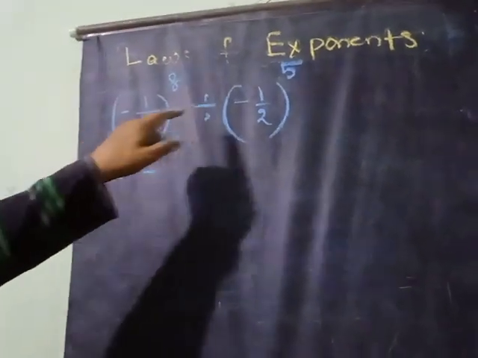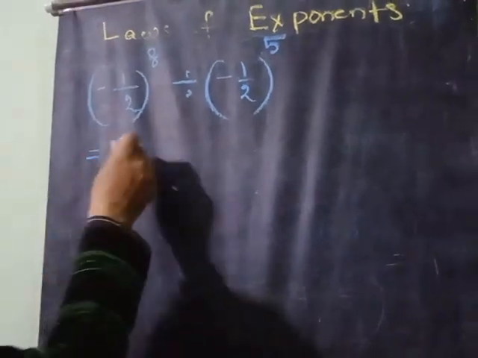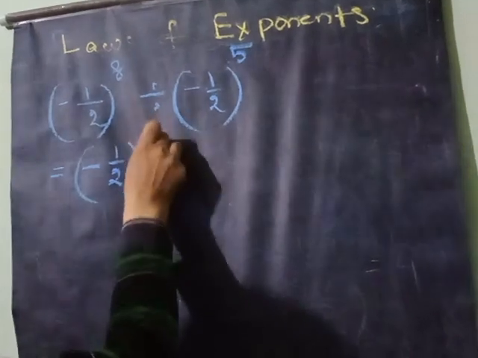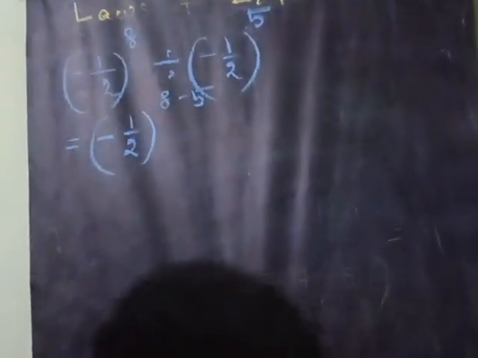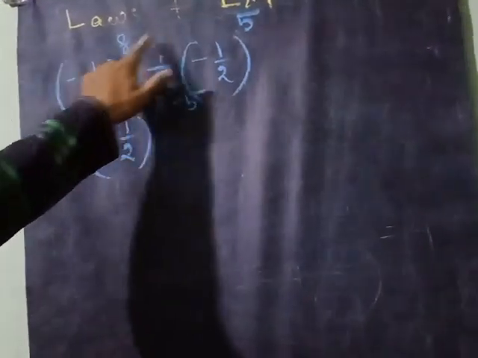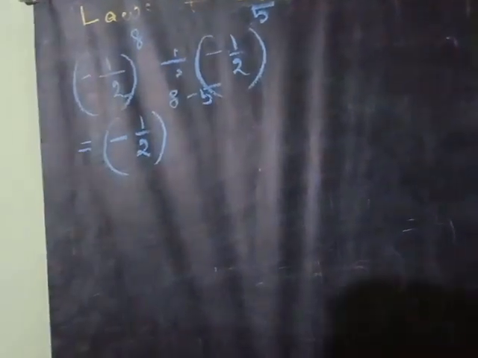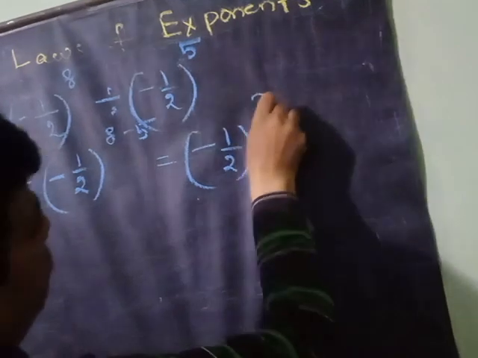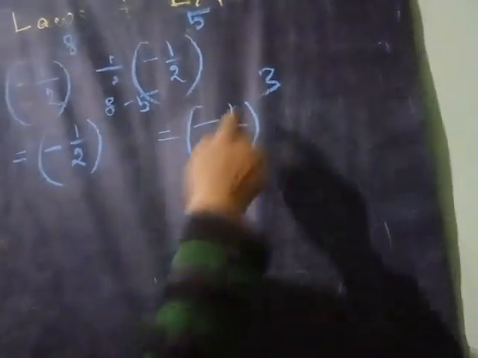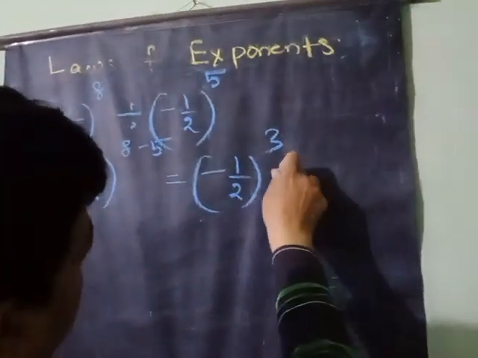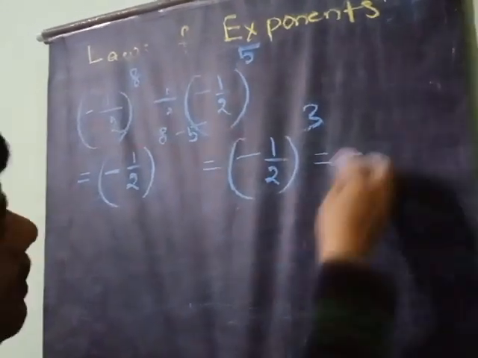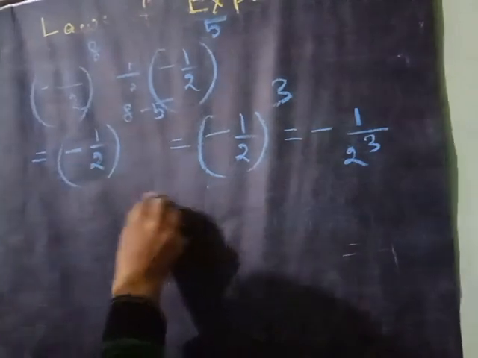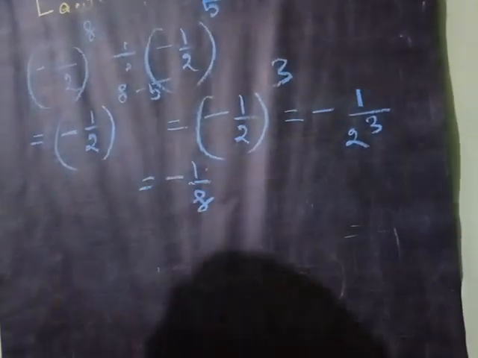Here the base is minus 1 upon 2. While dividing, the base will remain minus 1 upon 2, but the power will be the difference of 8 and 5, which is 8 minus 5, equal to 3. Since the power is odd, the value will be negative.